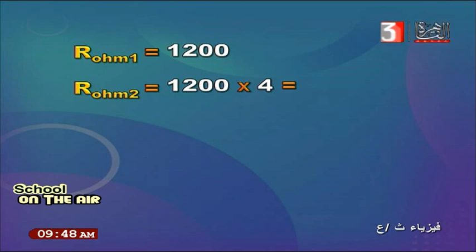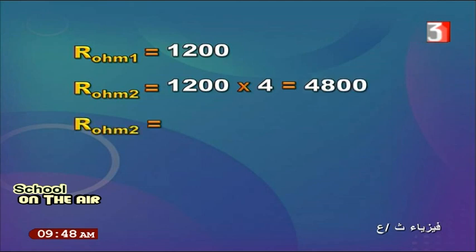As I said, the resistance of the ohm meter is equal to 1200. The second resistance equals 1200 times 4, because the pointer deflects to 1/4. So the resistance must be increased 4 times as great as the previous one. It will be 4800.